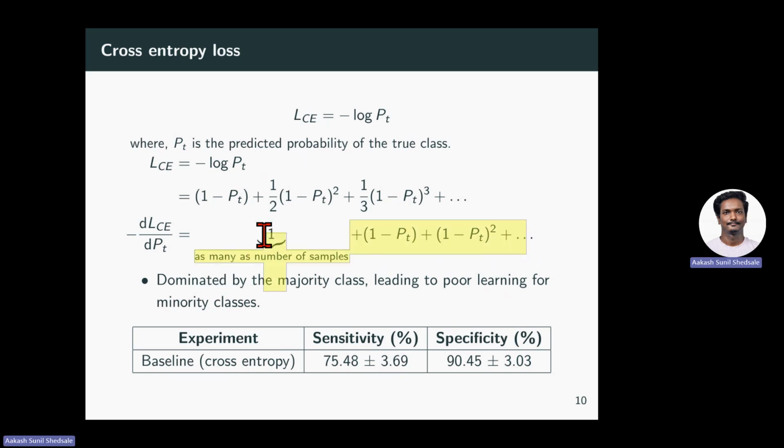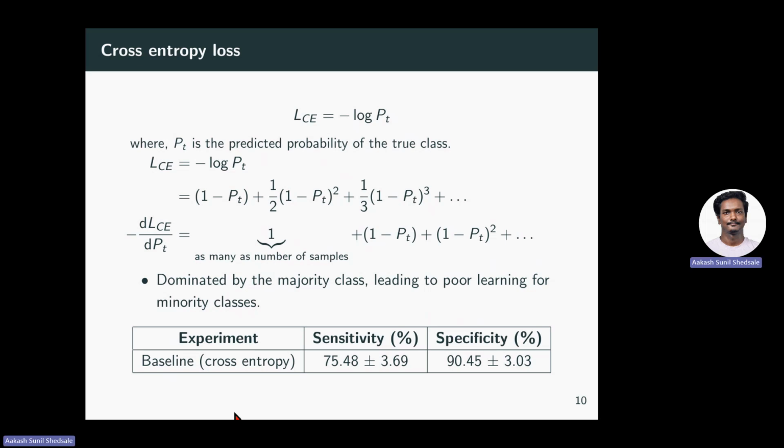As you can see, we get one as a constant, and this is just for one example. So for as many examples as there are in the majority class, we'll have that number here.